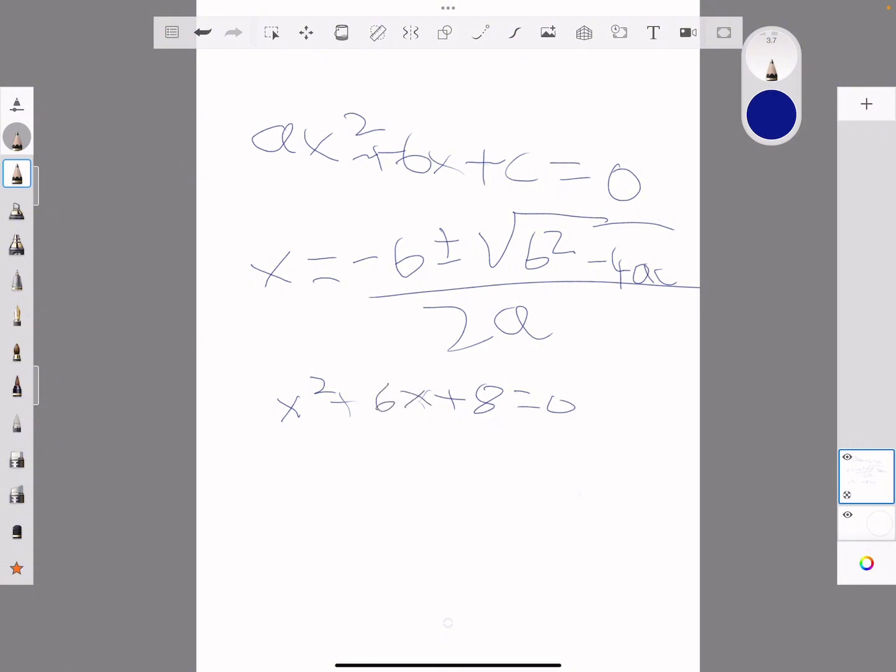Okay, now what we can already tell is that we're supposed to plug some things in. So I would do like filling in some numbers. First we have x squared, and to find a, I would see if there's a number attached to it.